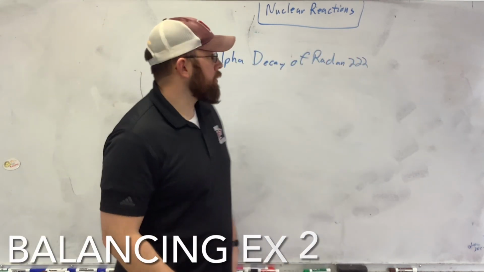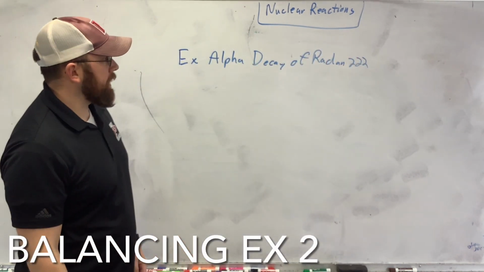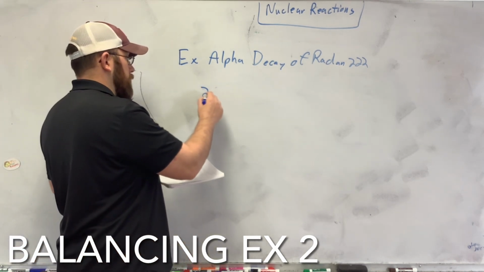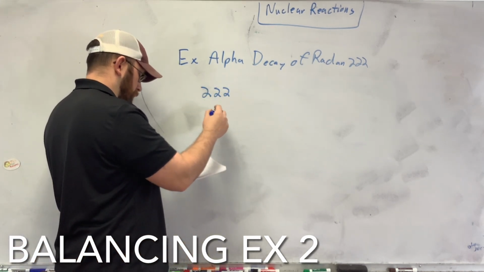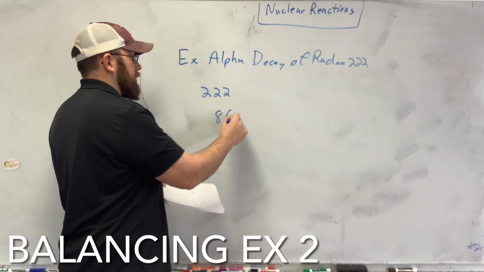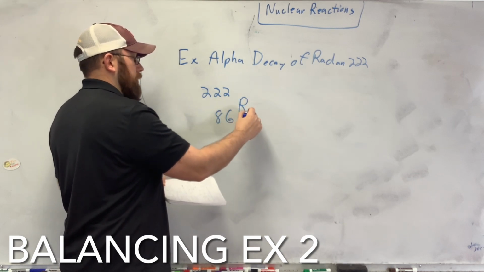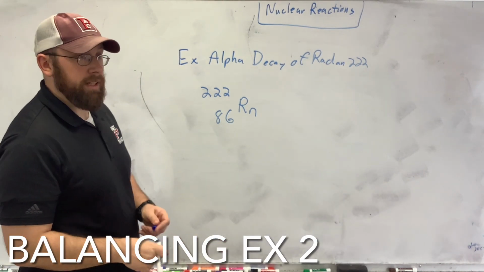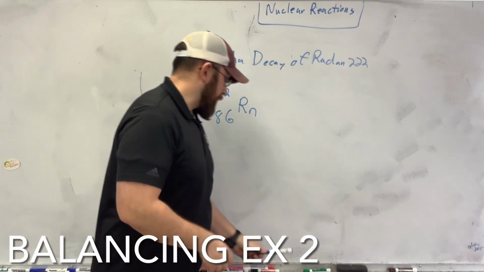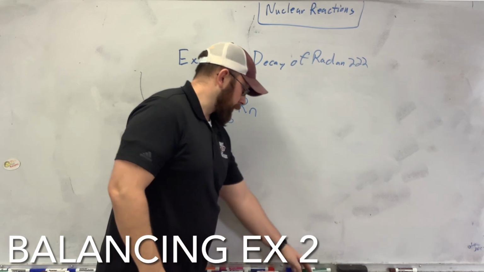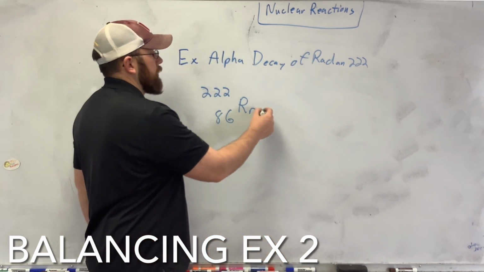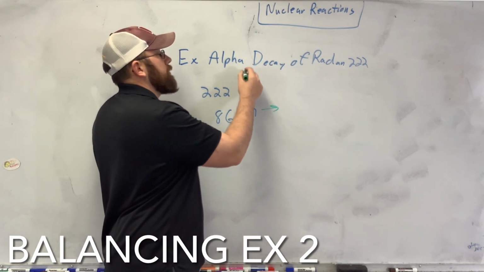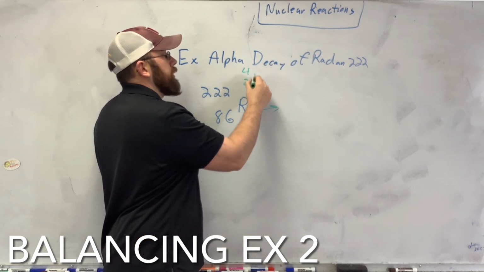All right, so next one, alpha decay of radon 222. So we do 222, which is our mass, and its atomic number is 86. If you don't know its atomic number, like I didn't, then I had to go and look it up. And it's an alpha decay, so that's 4 to a helium atom.